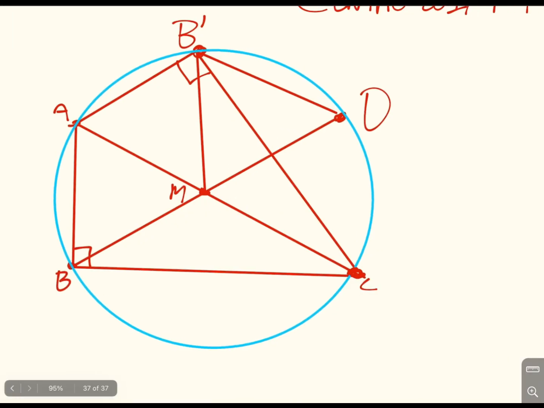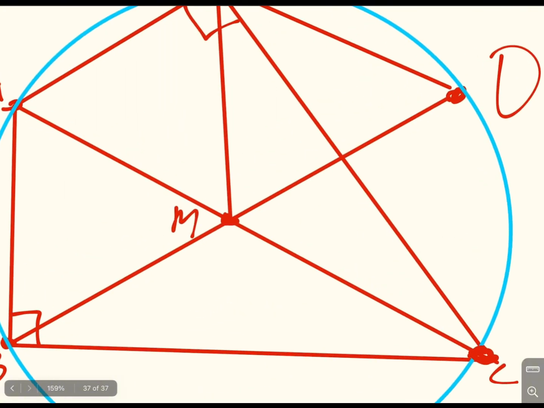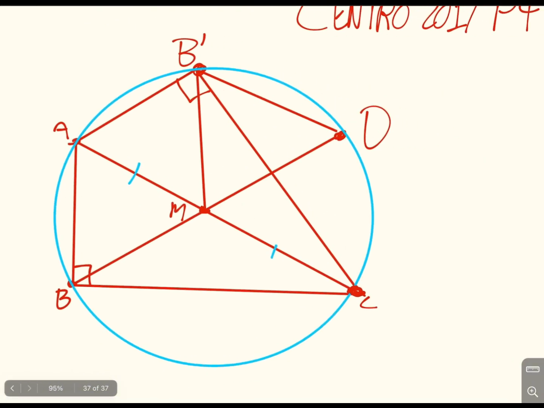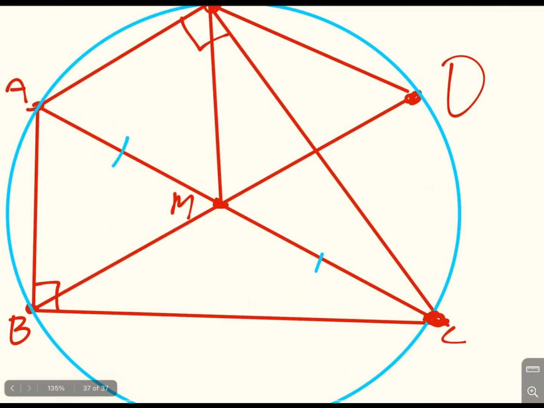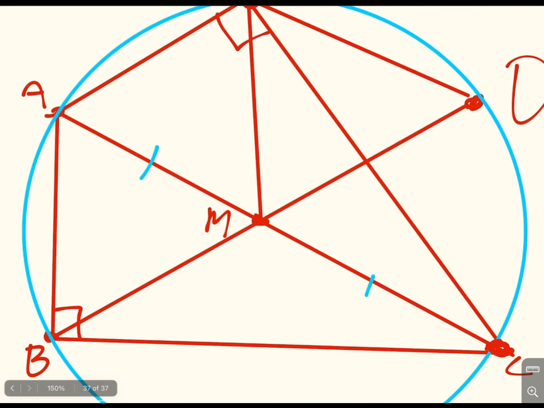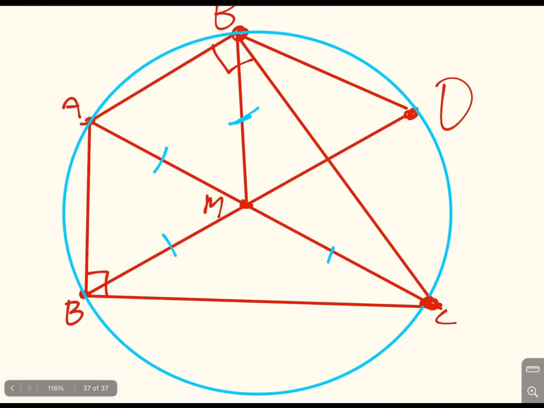And something else we can note is that since AC is a diameter and M is the midpoint of AC, then AM and MC are both going to be equal to the radius of the circle. Additionally, since M is the center of the circle, BM and B prime M are also going to be equal. So we have these 4 segments that are automatically going to be equal in length to each other.